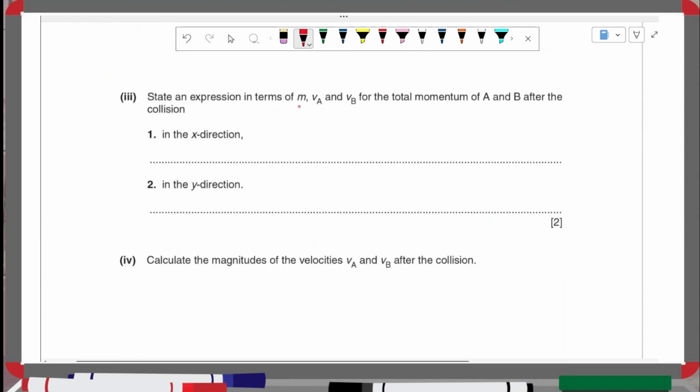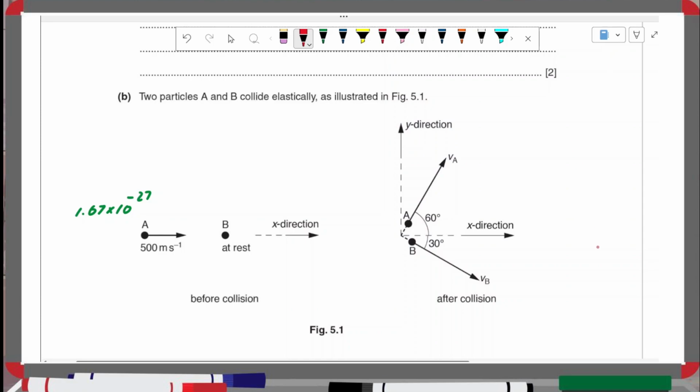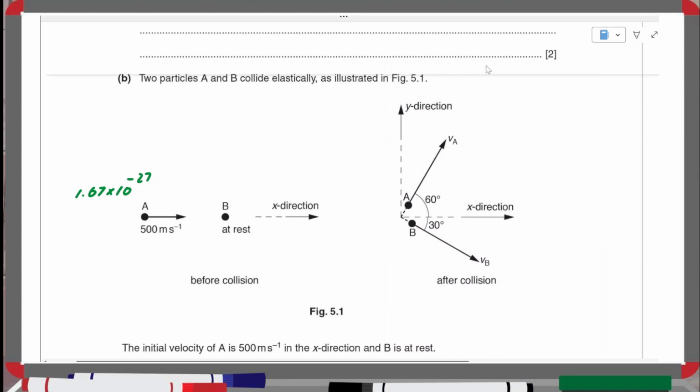State an expression in terms of m, vA and vB for the total momentum of A and B after the collision in the x direction. So find a momentum, but in the x direction. What do we do in that case? I don't have the velocity of A in the x direction. It's not exactly in the x direction. So what can be done?